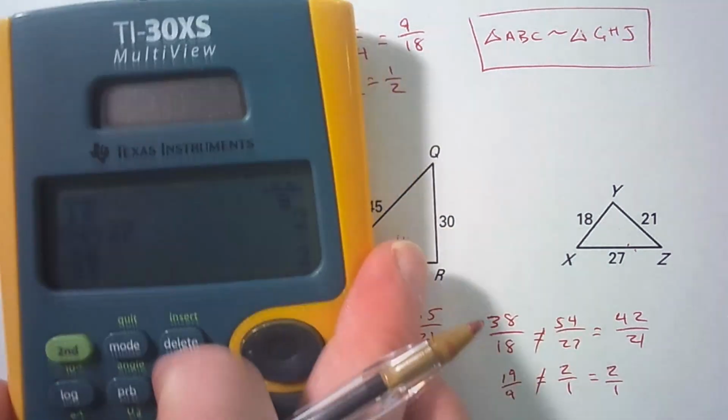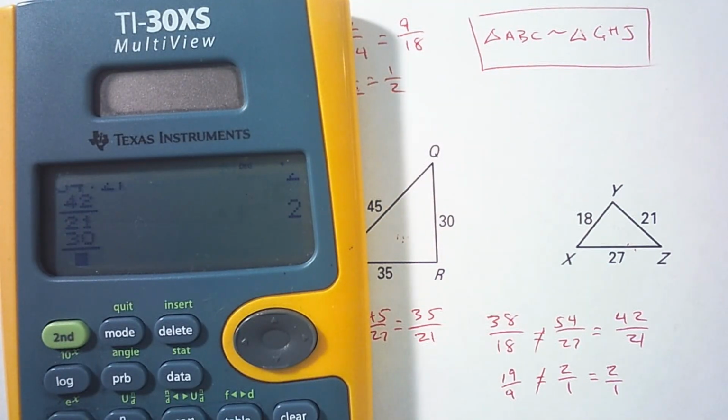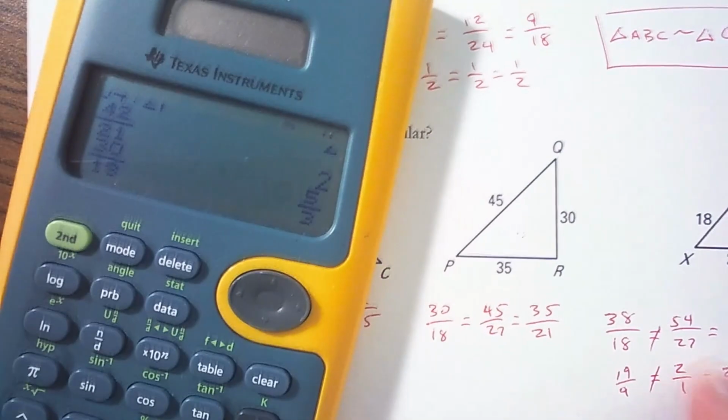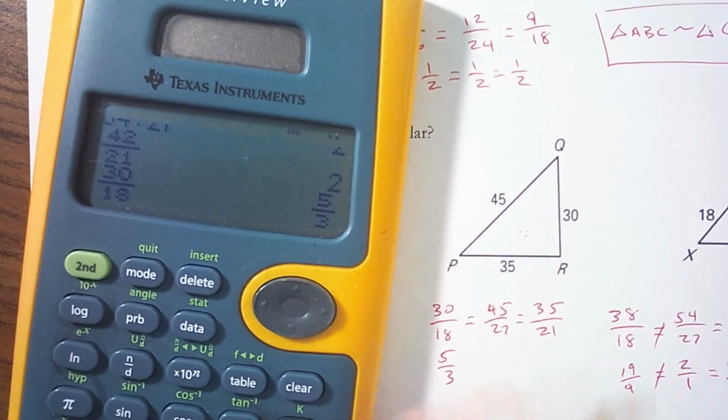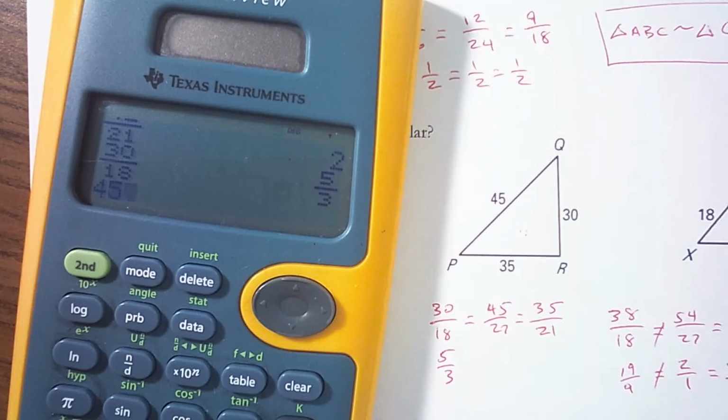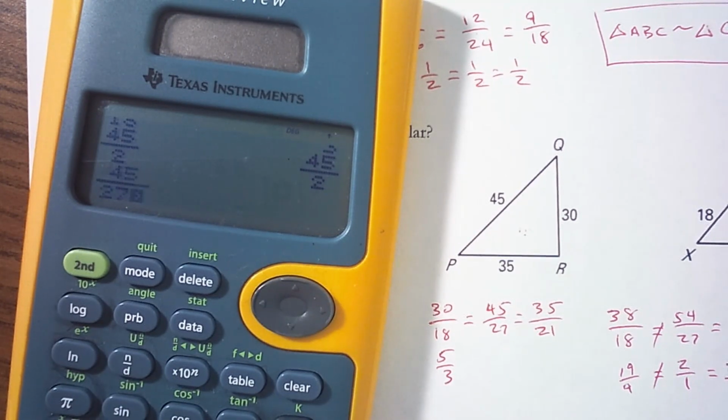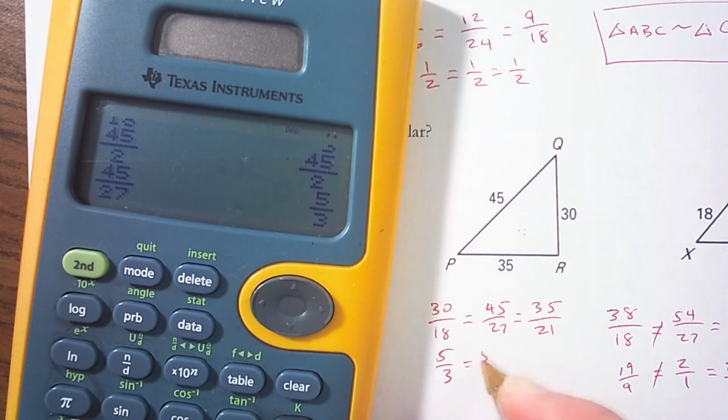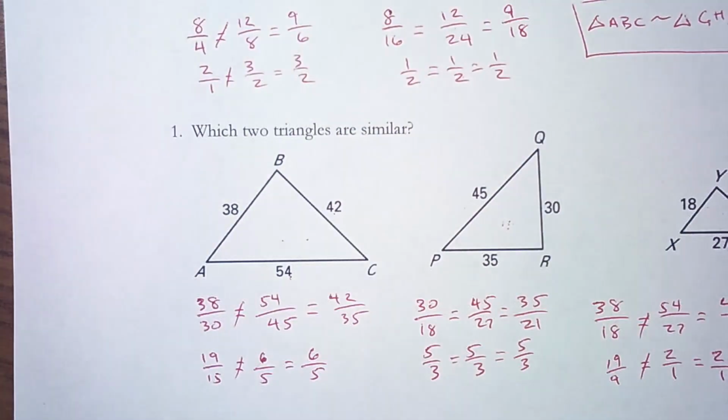So do those all simplify the same? 30/18 is 5/3. 45/27 is 5/3. And 35/21 is 5/3. So it's these last two triangles here that are similar to each other.